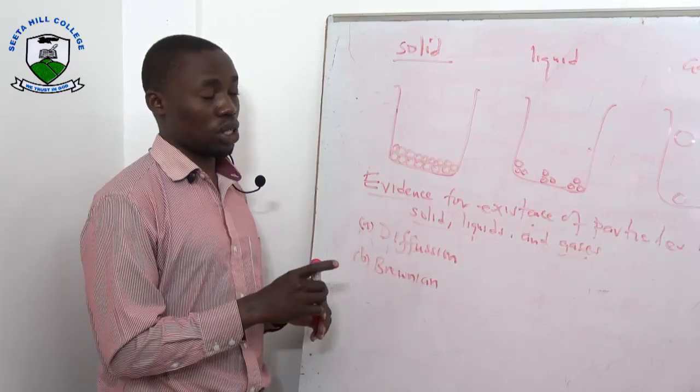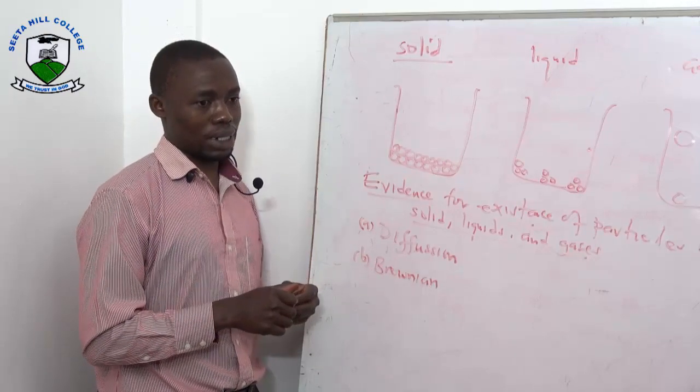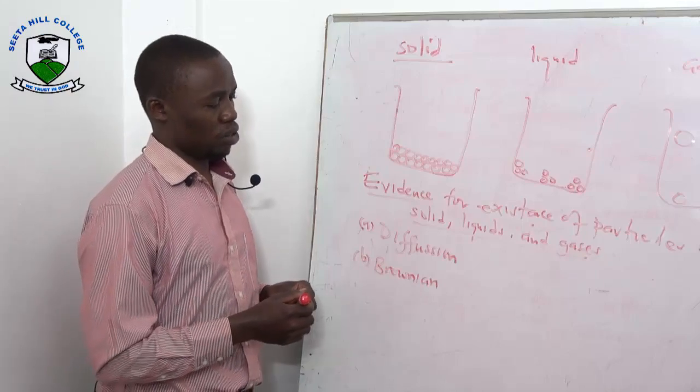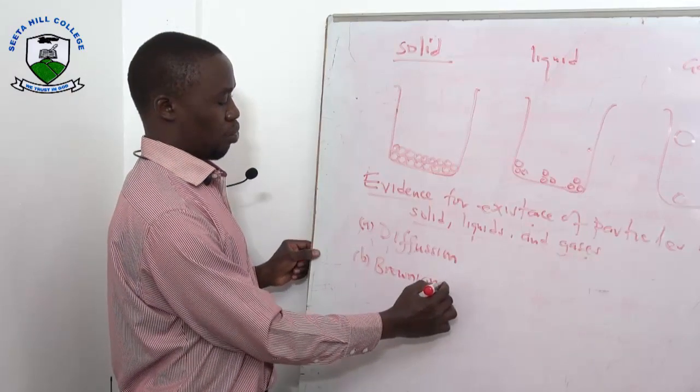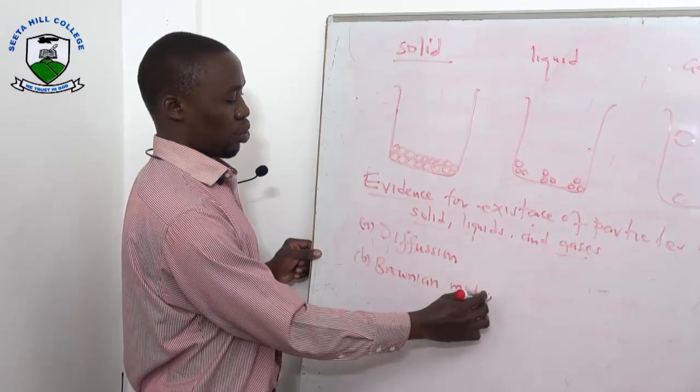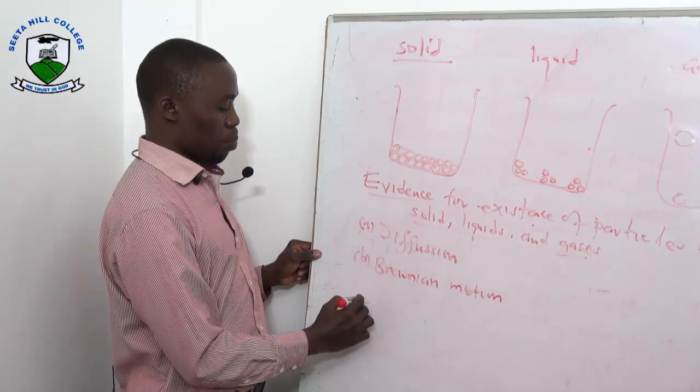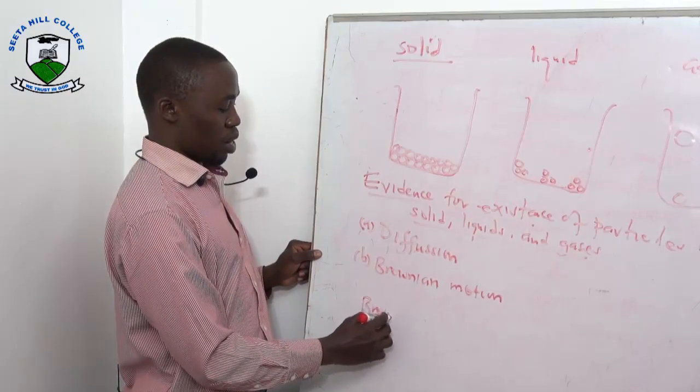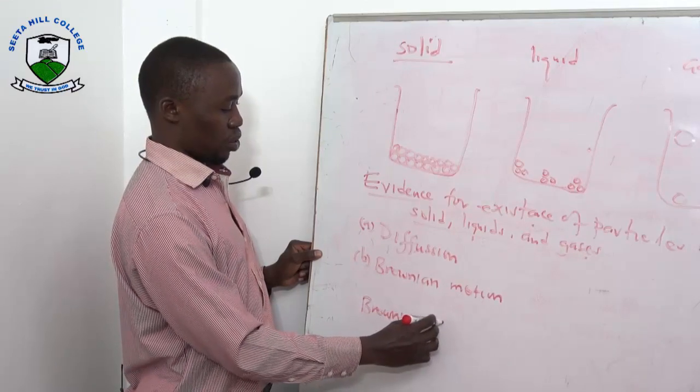That means the same question can be, what is the proof for the kinetic theory of matter? These are three proofs. Brownian what? Motion. Now, let me pick on the first one. They are called Brownian motion.